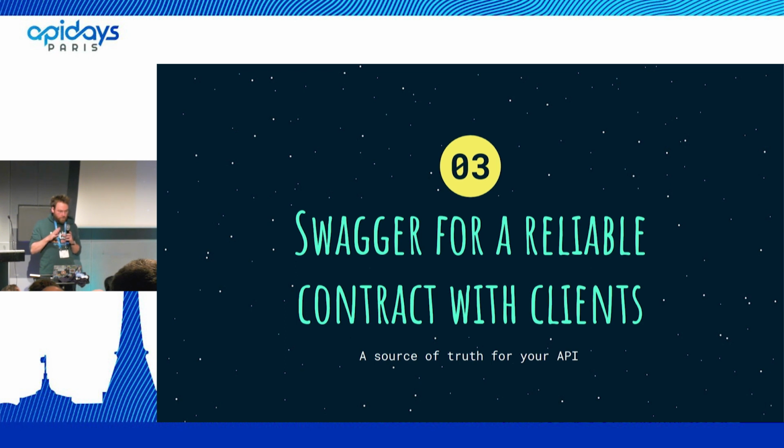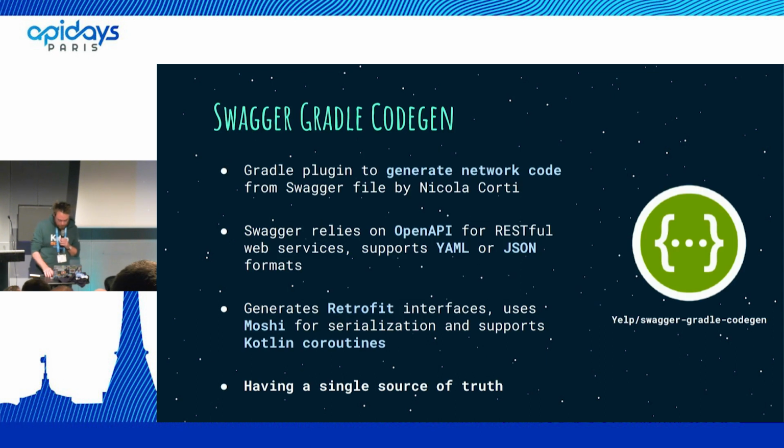Thanks to the Kotlin language and the tooling around Kotlin Ktor, we now have our strongly typed API. And now let's see a bit about Swagger to have a very strong contract with your clients and a single source of truth for your API.